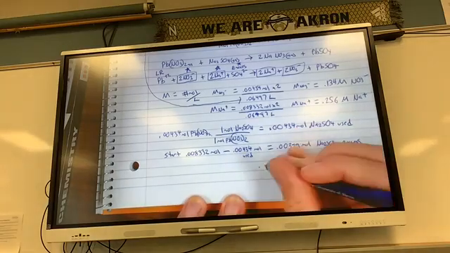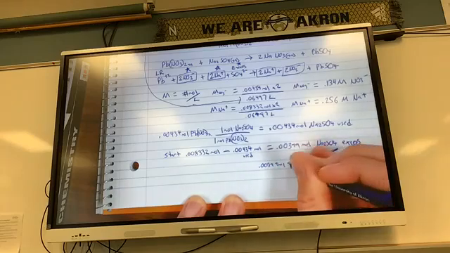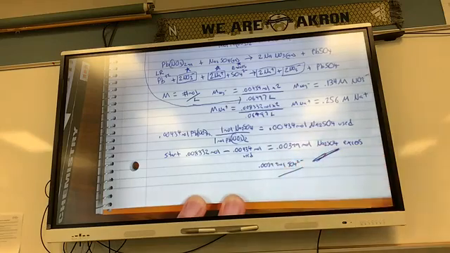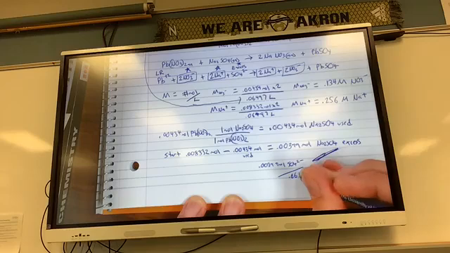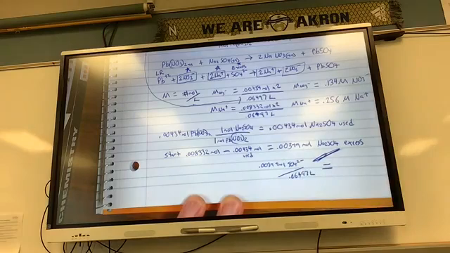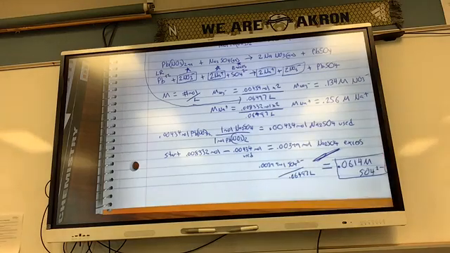So that means I have 0.00399 moles of SO4 2 minus divided by the total, which is still 0.06497 liters. And that will give you your molarity of SO4 2 minus. Tell me if you match what I got. I got 0.0614 molar SO4 2 minus. Did you guys get something similar?